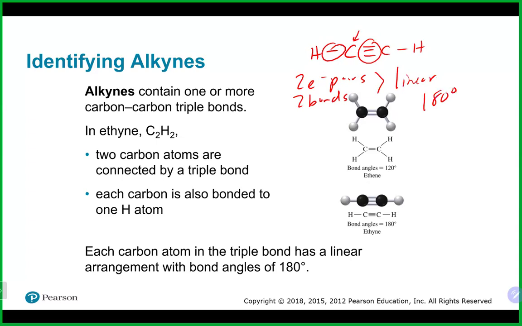It actually straightens out, which is why it looks like a straight line in this case, as opposed to the trigonal planar, which looks like the triangle geometry. So by adding the double bond and then the triple bond, the geometry of those carbons does change. It's not crucial for us in a lot of cases, but you will see line structures show the geometry. Sometimes with a triple bond, it will just be drawn kind of straight rather than the zigzag shape. So it does definitely change the geometry.